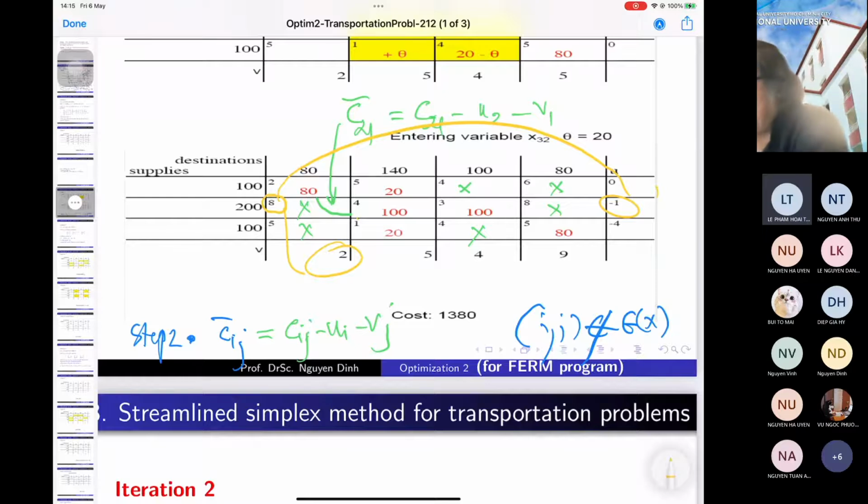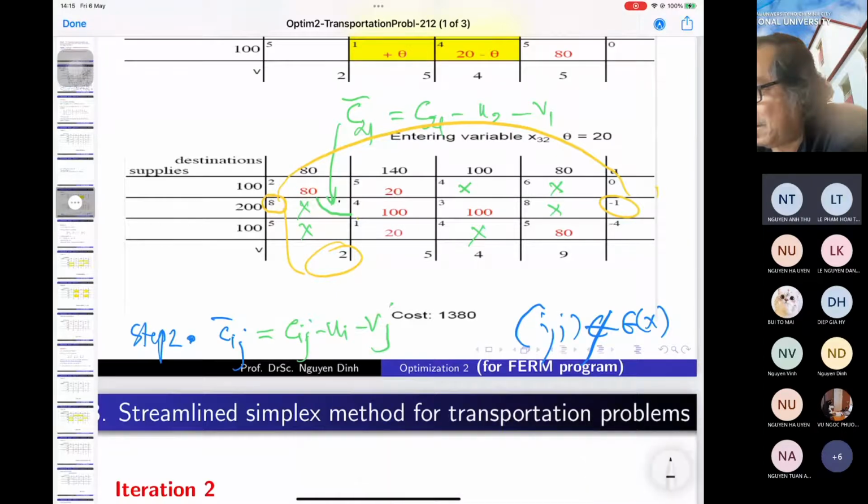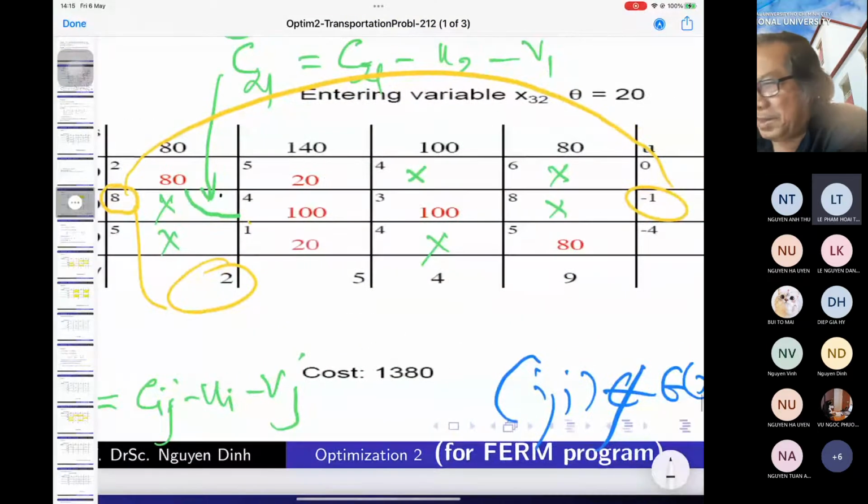8 minus 2 is 6, and minus of minus 1, then it is what? Anh Thư, can you tell me what is the number here? The number is 1. No. Look. 8 minus 2 is 6. 6 minus 1 is 7.